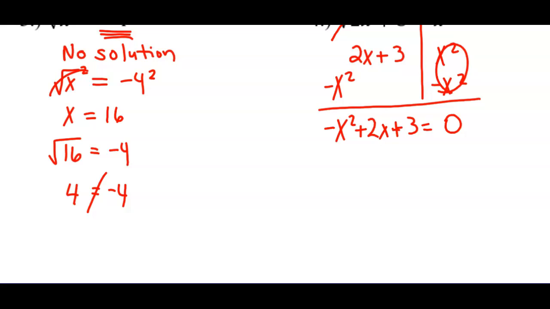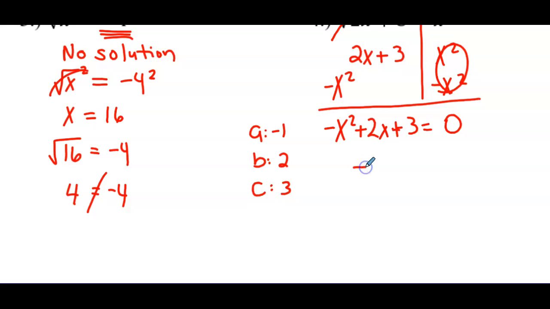So, what's my A, what's my B, what's my C? What's my A? What number is in front of my x squared? -1. What number is in front of my B? 2. What number is my C? 3. Okay, fantastic.